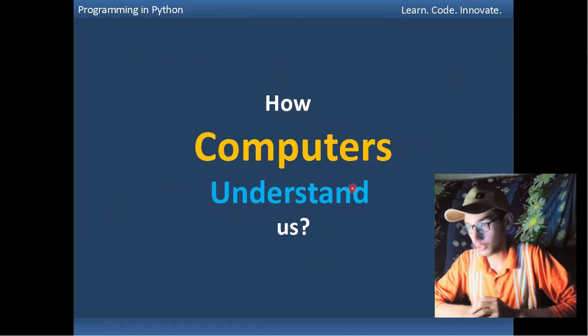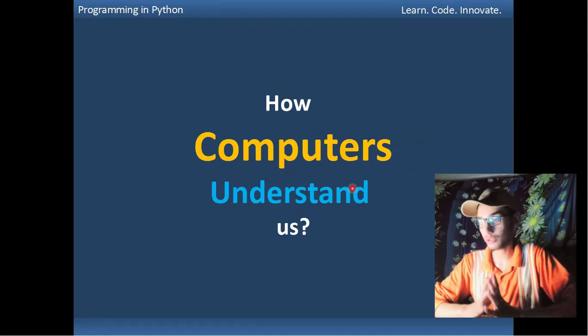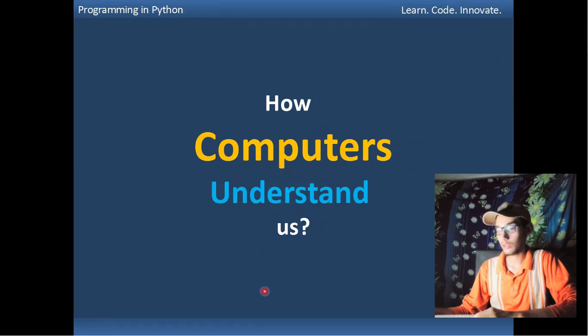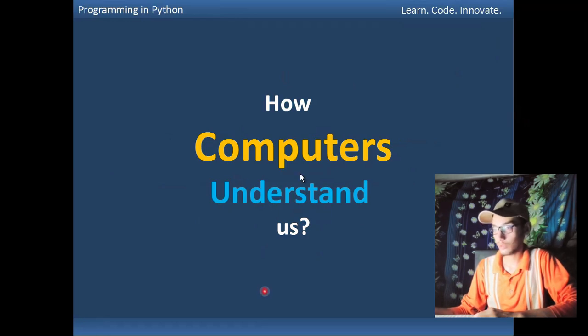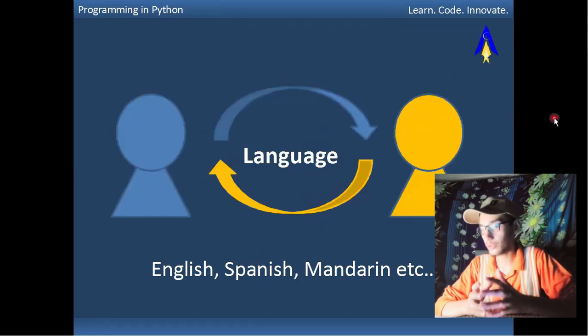The second and important thing is how computers understand us, how they know what we are telling them to do. Whenever we have to communicate with each other, we always use a language. It can be sign language without sound, but we always need a language.